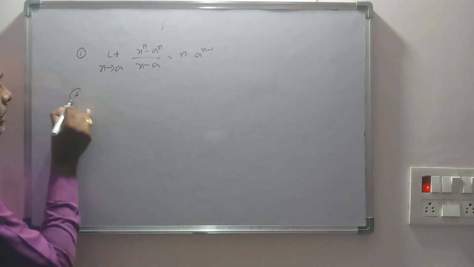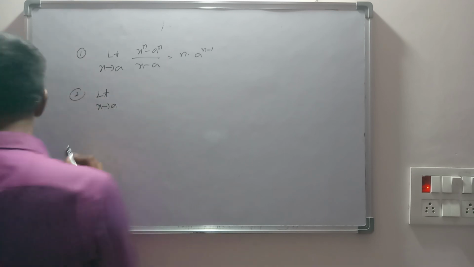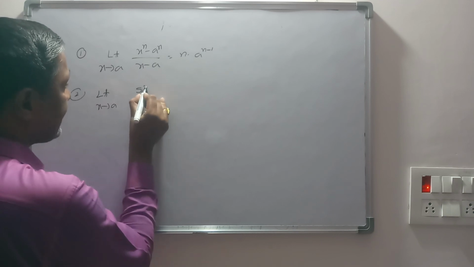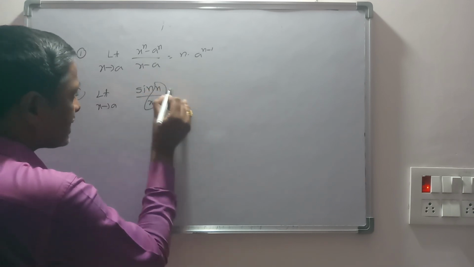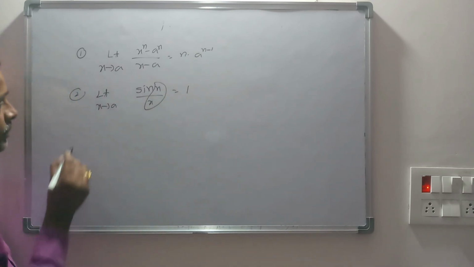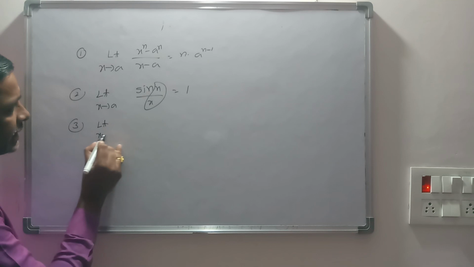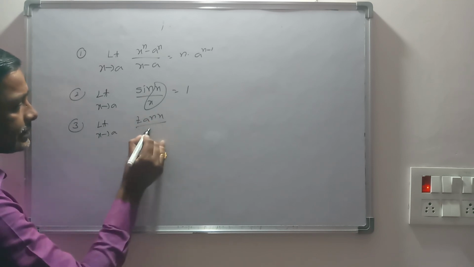Second one, limit x tends to 0, sin x by x. This value is 1. Third one, limit x tends to 0, tan x by x, the same.